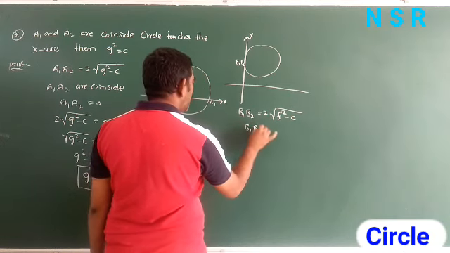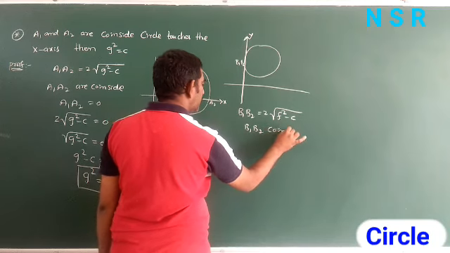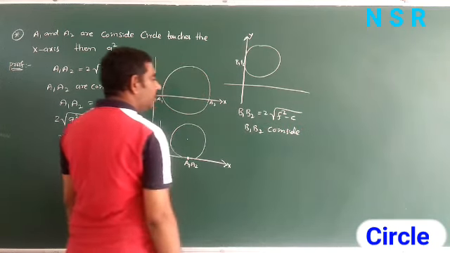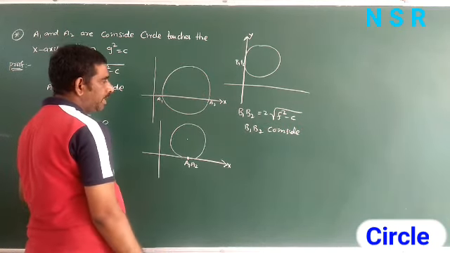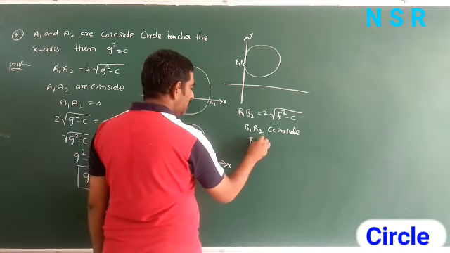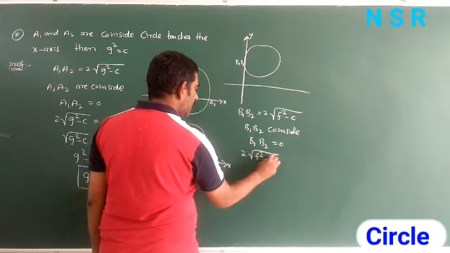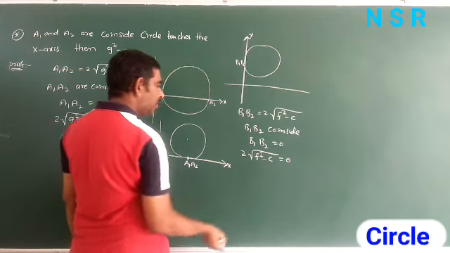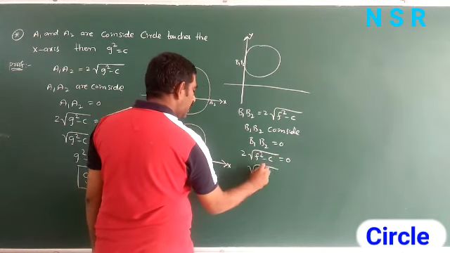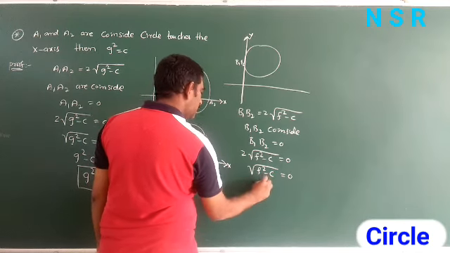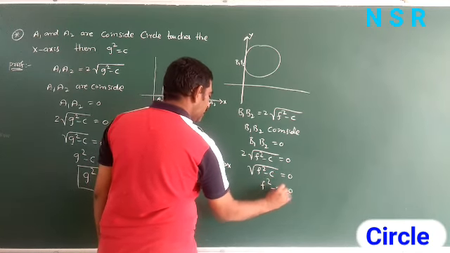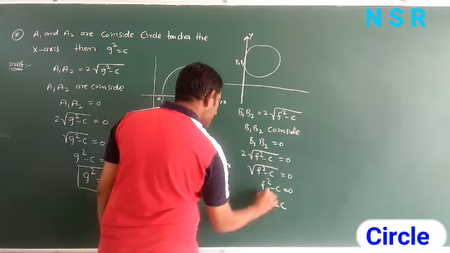Now when B1 B2 coincide, the distance is equal to 0, that is, 2 into under root of f square minus c equals 0. So moving to the other side, we get f square minus c equal to 0, and f square is equal to c.